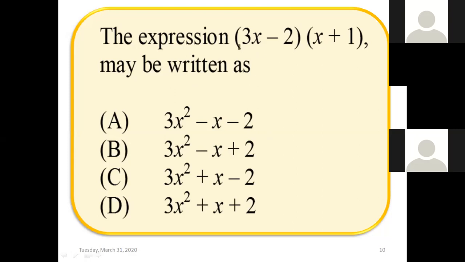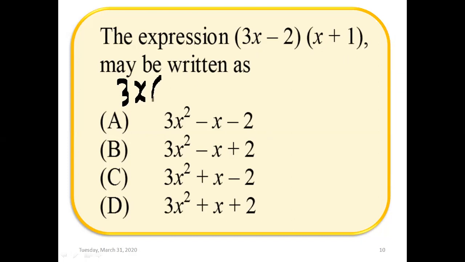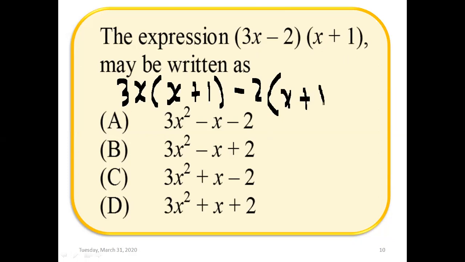You're going to say 3x times everything over here, so that's 3x times x plus 1, and then subtract 2 times the same x plus 1. All right, so use the distributive law, work that out, simplify it, and tell me what you get.